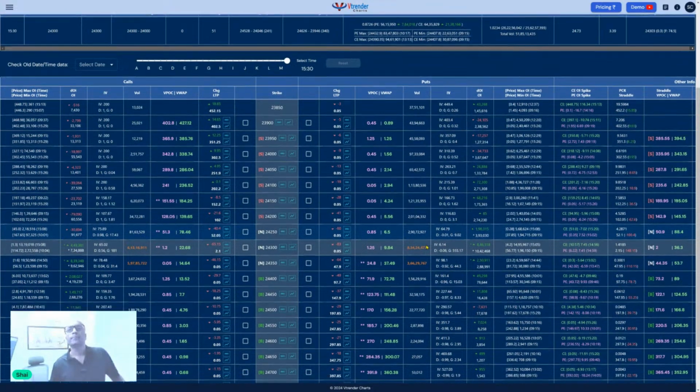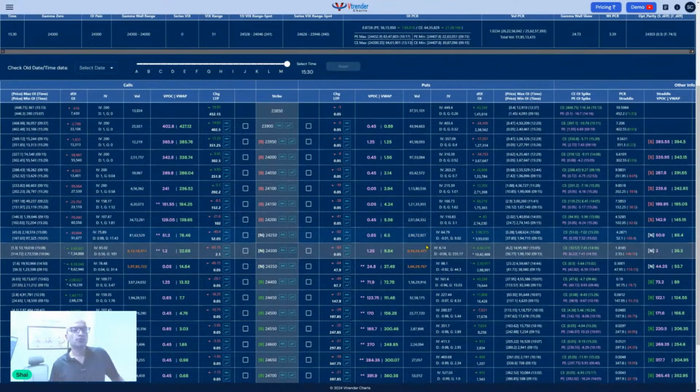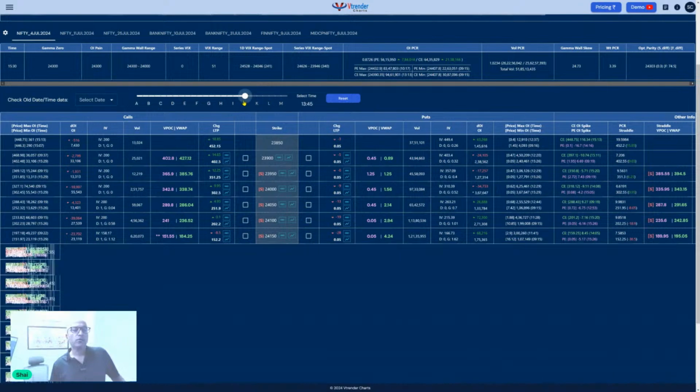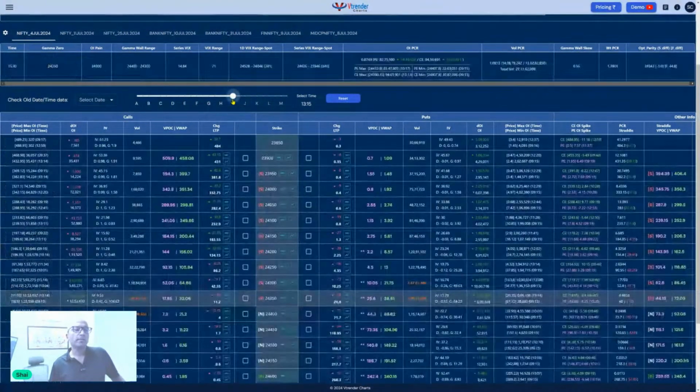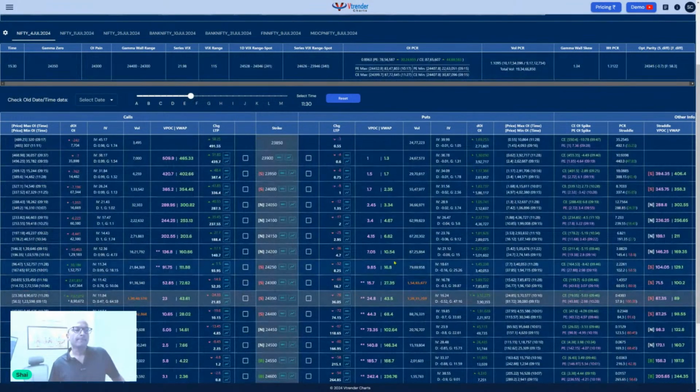Right? I'll pause here. If there are any more questions, guys, about what we discussed, please feel free to shoot. One thing I wanted to point out is that if you are also looking for biases, and where the market was at a certain point in the past, you can use this slider. You can look at where the market is building up open interest at any point in time.